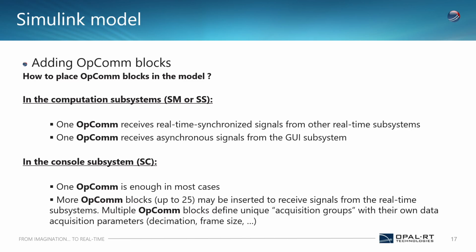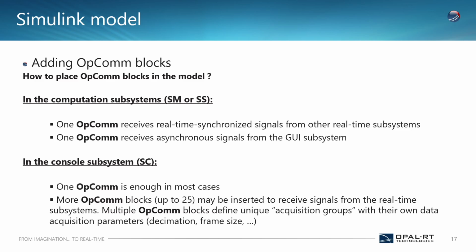Next, in the computation subsystem, I think you know SM or SS. If you have one simple model, then the subsystem will have only SM. If your subsystem is a little bit complex, then you have to add more than one subsystem, and name them SS underscore.